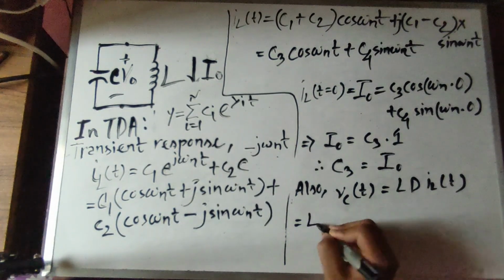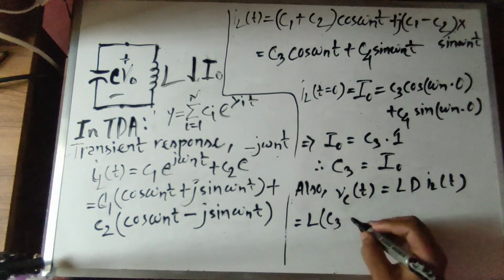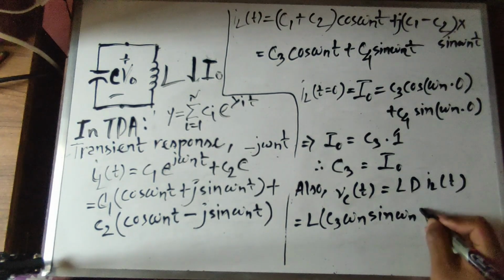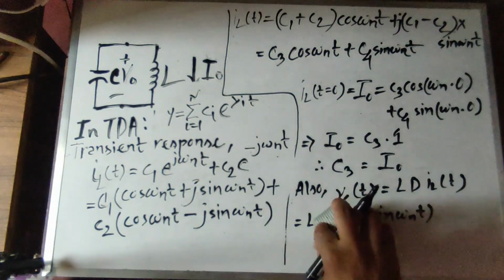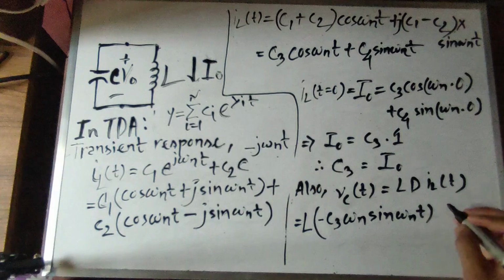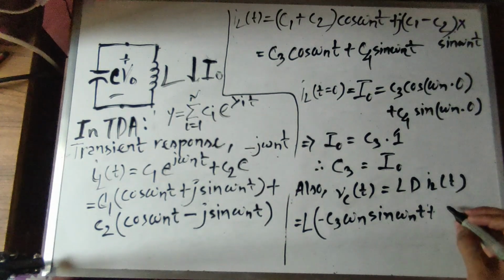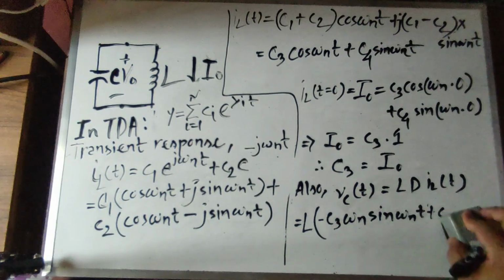This will give L, so IL t is this, so minus C3 omega n sin omega nt, there will be a minus, so minus C3 L omega n sin omega nt plus C4 omega n cos omega nt. Okay, let me write this neatly.